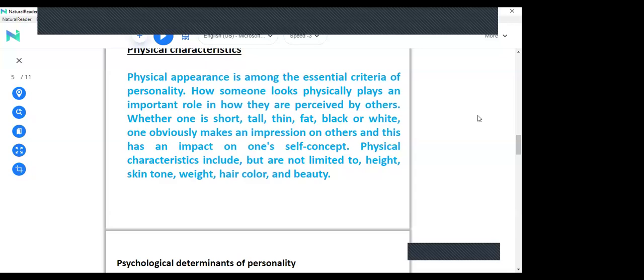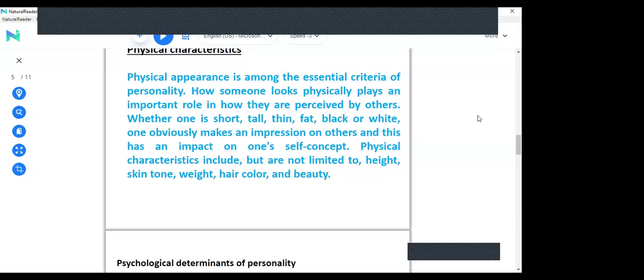Then, my dear student, keep in mind that all these physical characteristics, the physical determinants of personality, our topic, have some effect on personality.